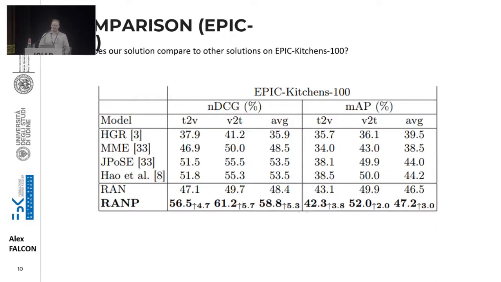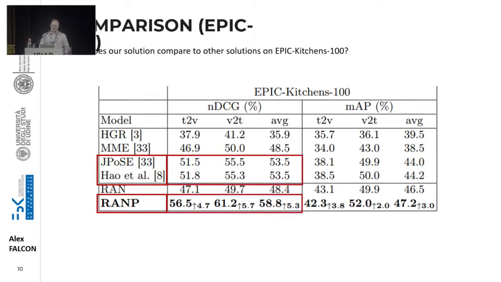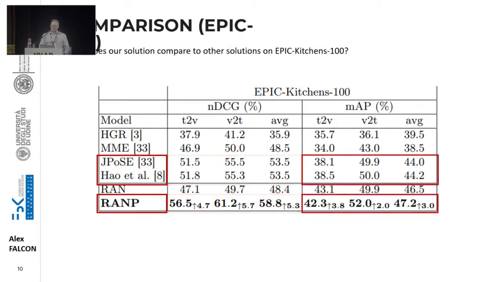Now, here we perform a comparison to other methods on both the datasets. On Epic, we compare to 4 methods, which include the 3 methods that currently form the public leaderboard of the challenge on this dataset, and also HGR, which we use as the baseline in our experiments. If we compare with the 2 best performing methods, we observe consistent improvements of around 5% in NDCG and around 3% in MAP over the current state-of-the-art methods.